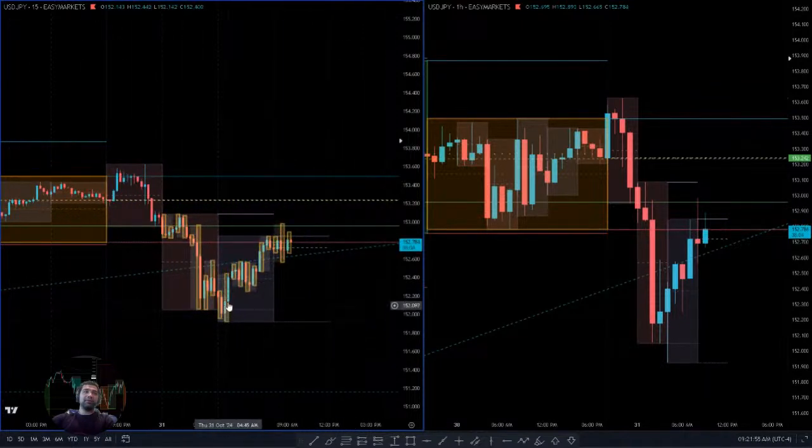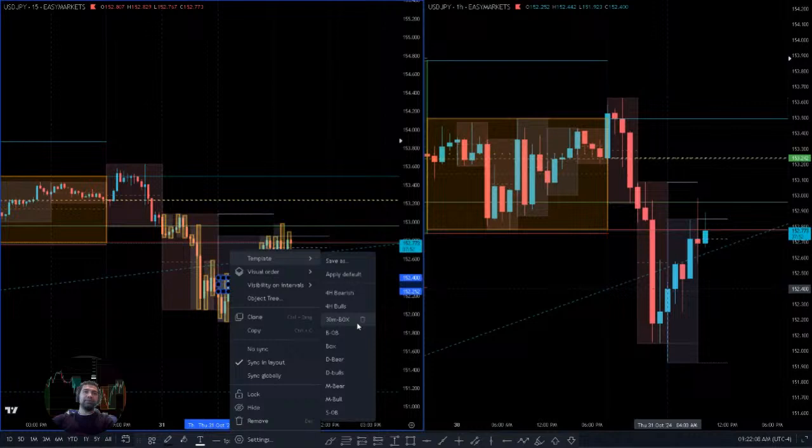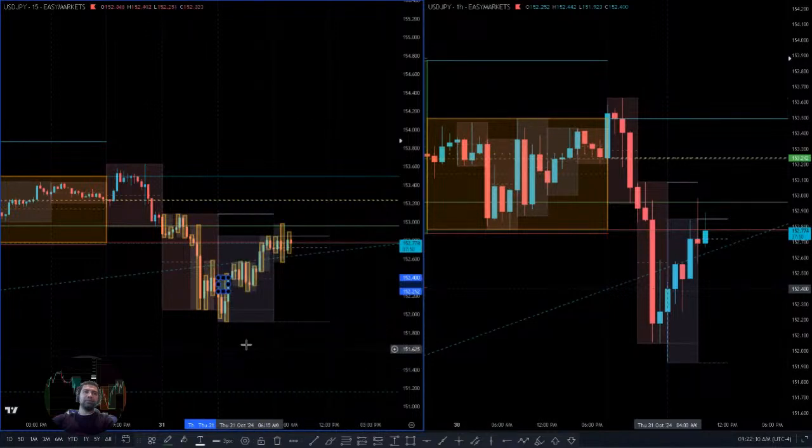Reversed back from here, creating all this. If this is the opening, this is the closing. So guys, this is a whole wick, and this is kind of a pin bar you are looking at here. See, this is what I'm talking about.